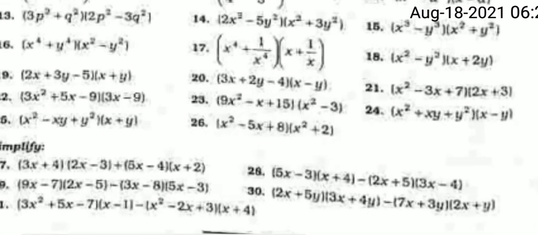Question number 20, the same type of question. 21, 22, 23, 24, 25, 26, all are the same type of question, that is trinomial multiplied with a binomial. I am going to show question number 26.